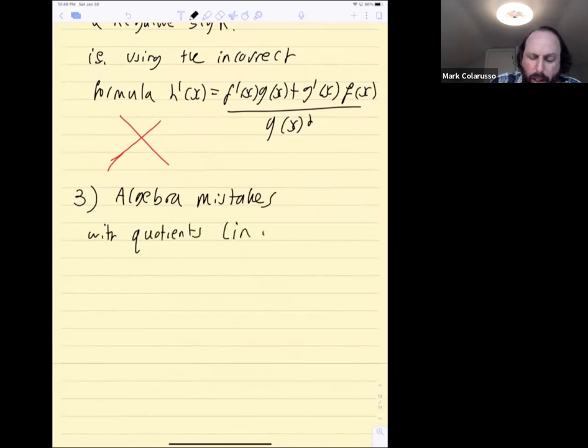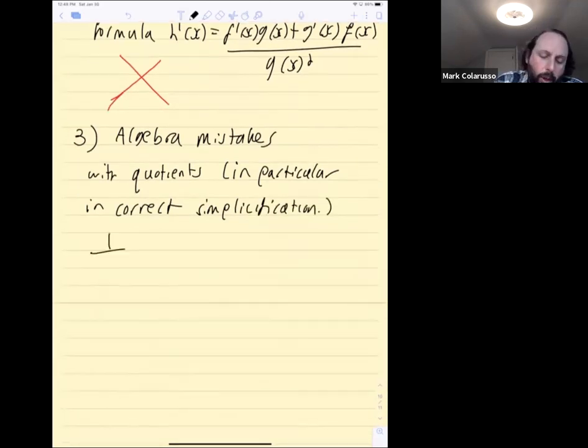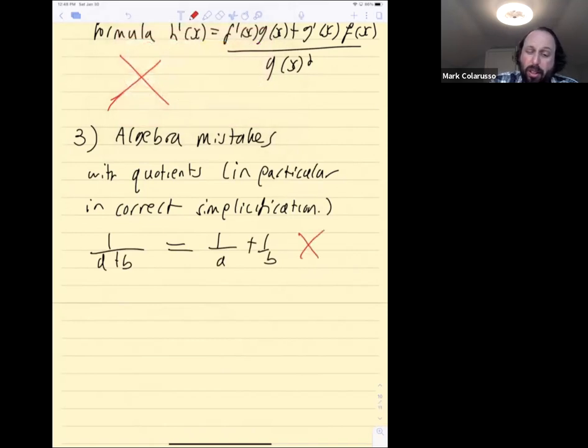In particular, incorrect simplification. So these are things like 1 over a plus b equals 1 over a plus 1 over b, that kind of garbage.